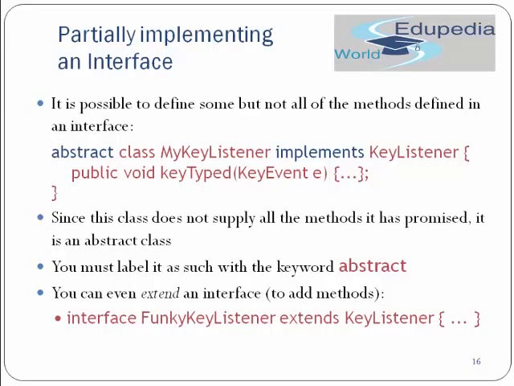So it has defined just one method and it's not doing anything about the other two methods defined in the KeyListener interface. So it is absolutely fine. Since this class does not supply all the methods it has promised, it is an abstract class. You must label it as such with the keyword abstract. So in this case, you must write the abstract keyword.